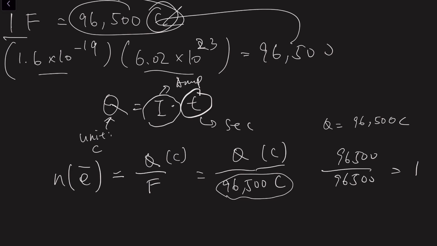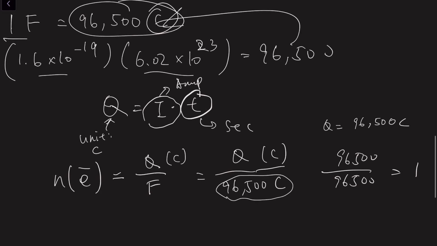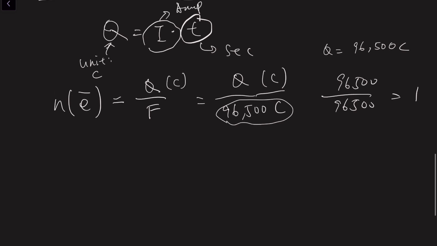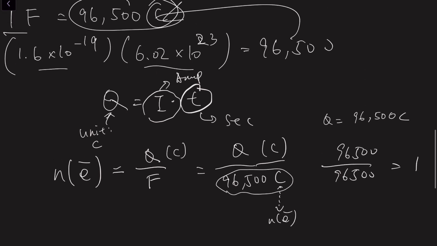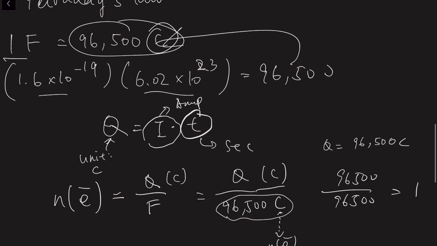If you have more than that, you have more than 1 mole of electrons. If you have less than that, you have less than 1 mole of electrons passing through your system. So that's why I say Faraday is important, because it links the idea of charge with the idea of moles. It forms this connection between two seemingly unrelated subjects.